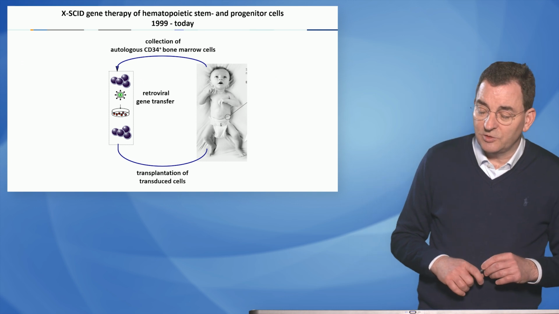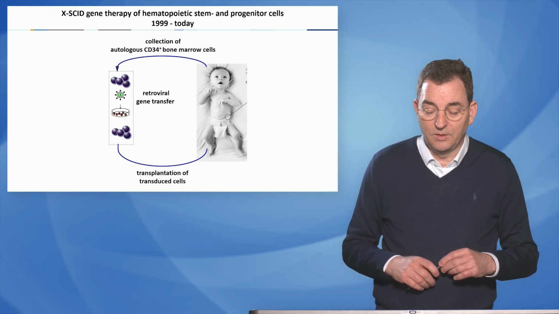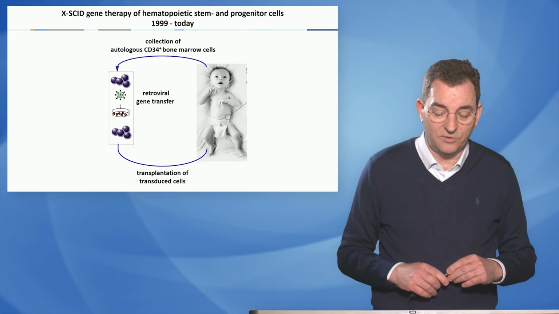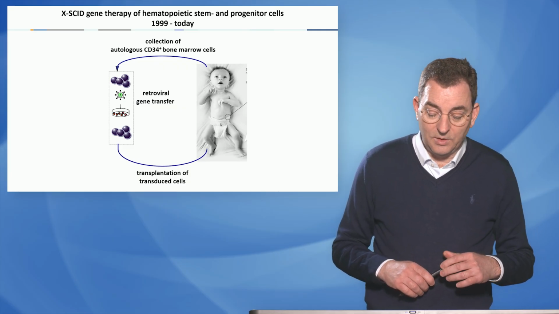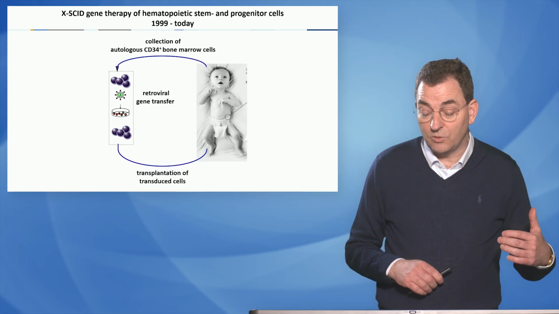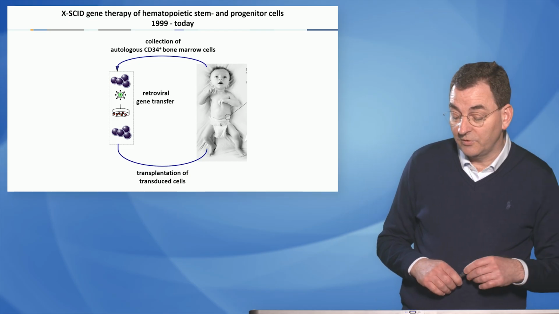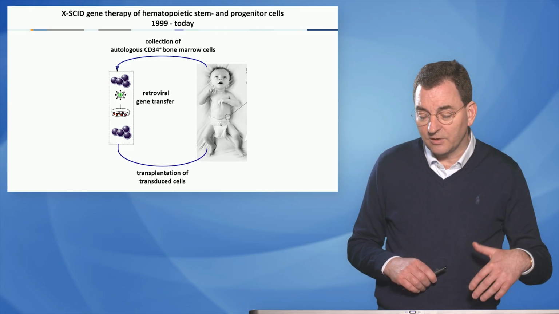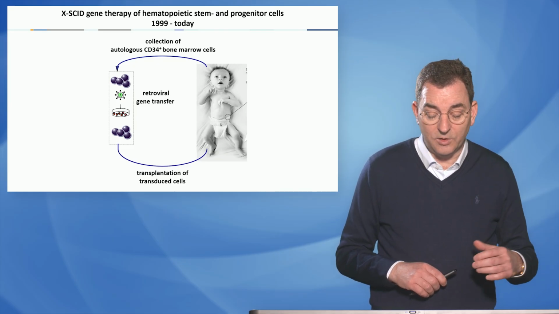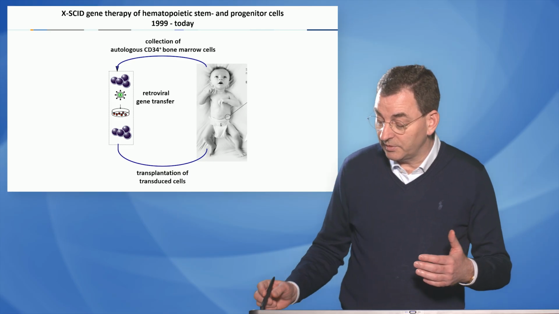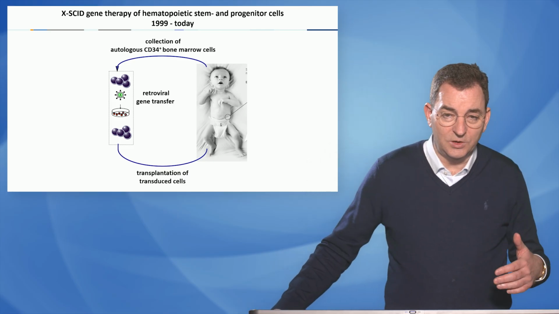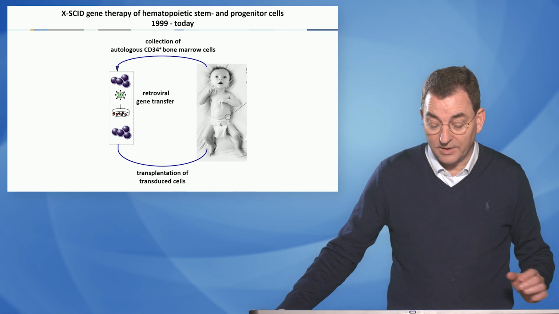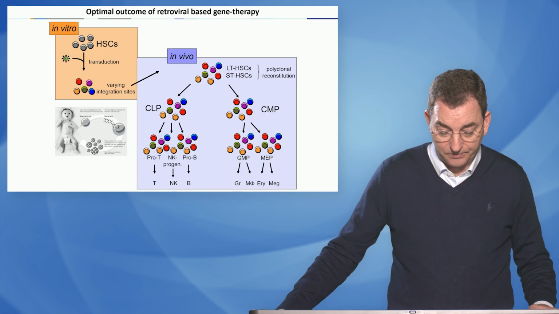So the very first gene therapy trials which were successful were the ones trying to treat severe combined immunodeficiency, or SCID. What was done is that the bone marrow stem and progenitor cells of the affected child were collected, the autologous, so the patient's own cells. Retroviral gene transfer of the intact gene or coding sequence was introduced into those cells, and those cells were directly given back to the patient, transplanted.